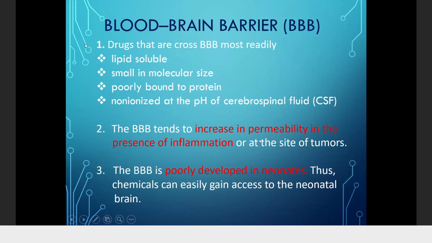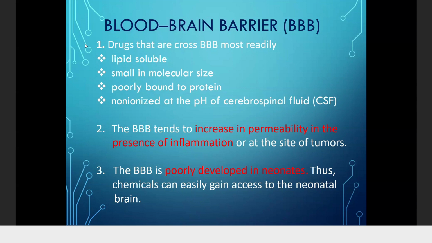Okay, the blood-brain barrier tends to increase in permeability in the presence of inflammation or at the site of tumors. So if there's something not right with the brain, the blood-brain barrier will increase in permeability. That means it will allow drugs to enter to the target receptors.